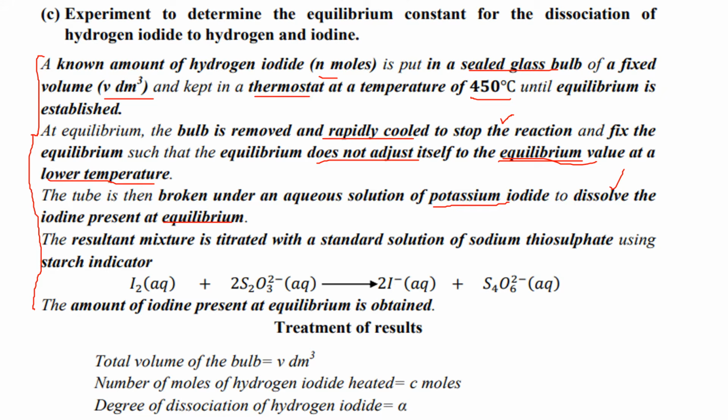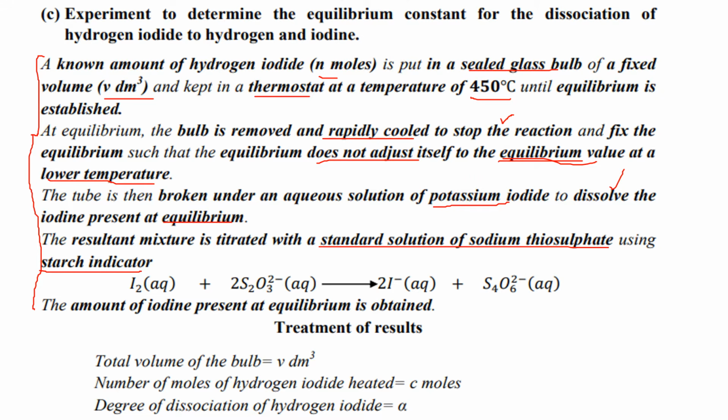But whenever you're using a standard solution of sodium thiosulfate, which is mostly used with issues involving iodine, your indicator always has to be the starch indicator. I told you this is very important to memorize because it's going to help you far better in ionic chemistry. So the resultant mixture is titrated with a standard solution of sodium thiosulfate, using the starch indicator.